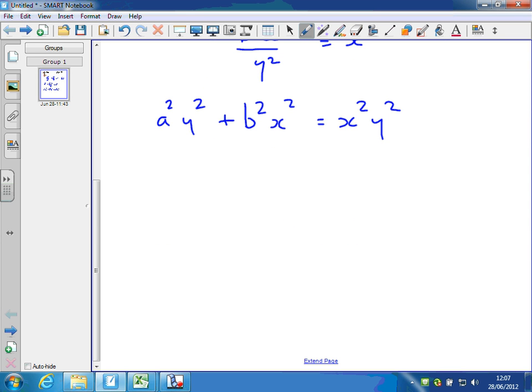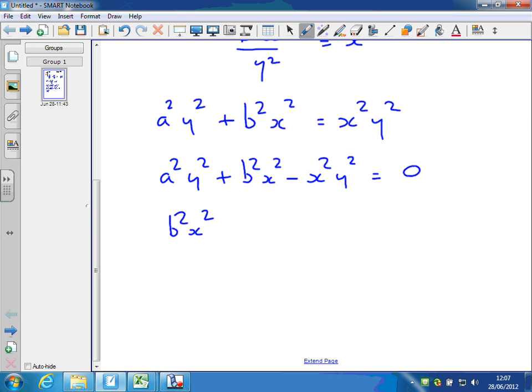So subtracting x squared y squared from both sides, we get a squared y squared plus b squared x squared minus x squared y squared equals 0. Now subtract a squared y squared from both sides, so I get b squared x squared minus x squared y squared equals minus a squared y squared.